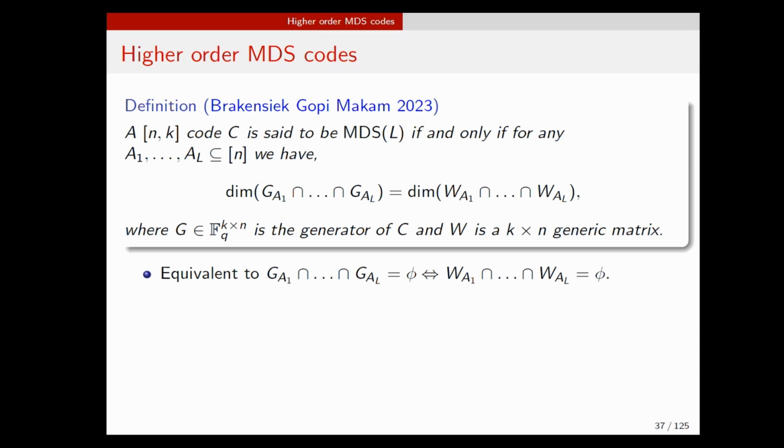Either you think of it as a completely symbolic matrix, or you'll have to trust me on this: you can take a completely random matrix, and these intersection dimensions should be some fixed number with high probability. In general, a non-random matrix would have more intersections rather than fewer. So this dimension could be bigger, but you want it to match the dimension of a completely random matrix.